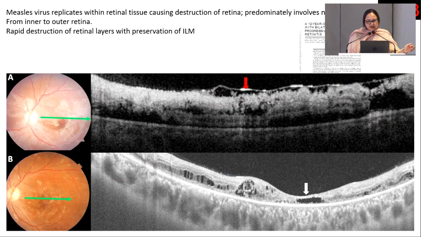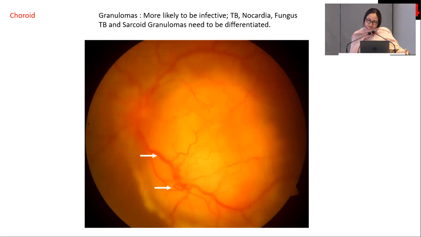When you see here, there is loss of retinal layers and the ILM seems to be draping over it. If you have the whole of the retina lost and only ILM is preserved, think of measles virus as a possible etiology.